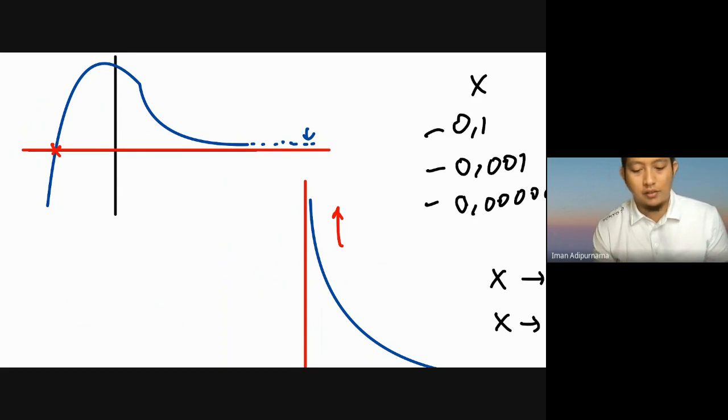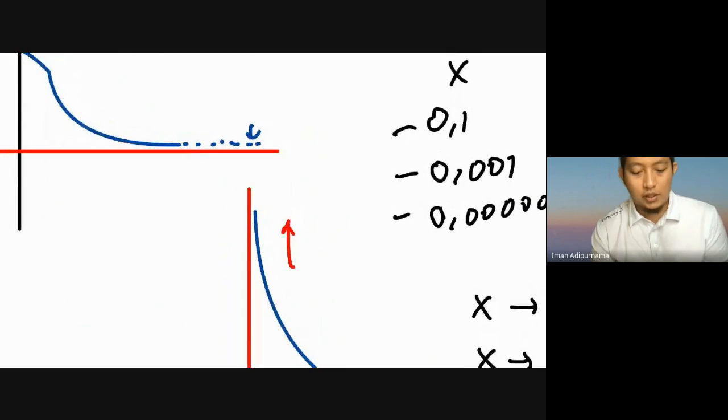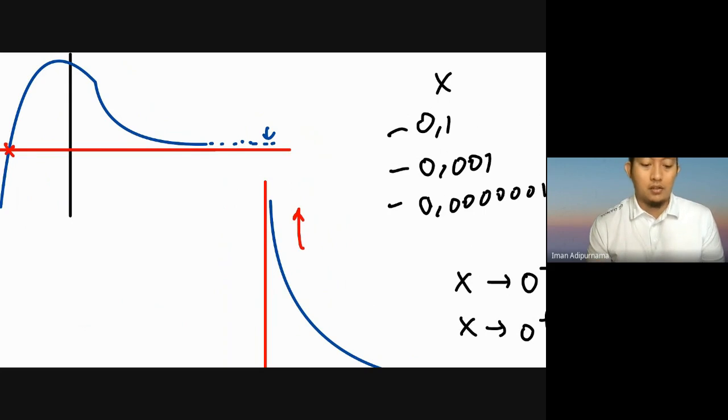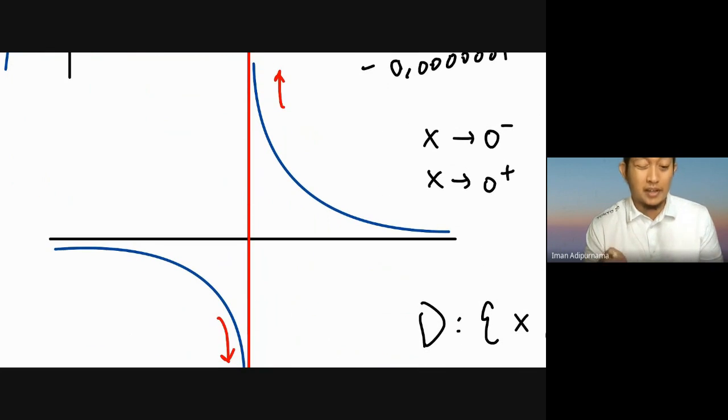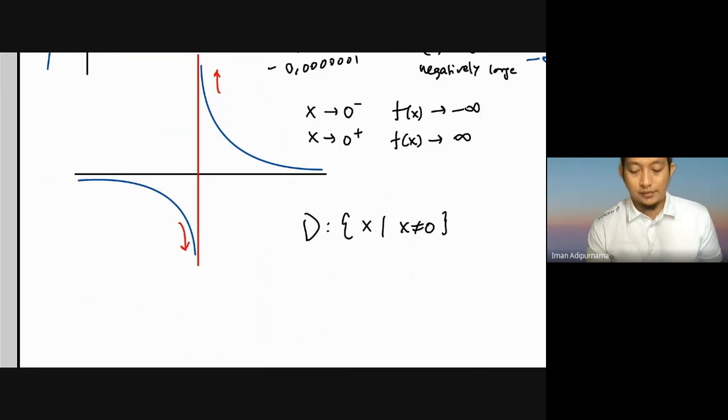But it's okay because it's one side. It might happen in some cases of functions, so the graph might cross the asymptote as well. So it's okay.